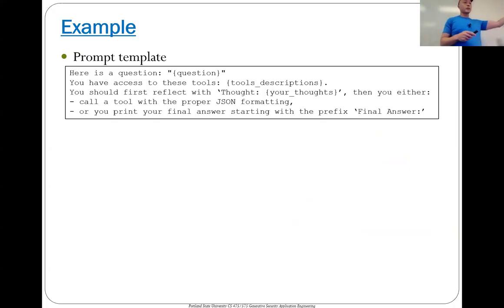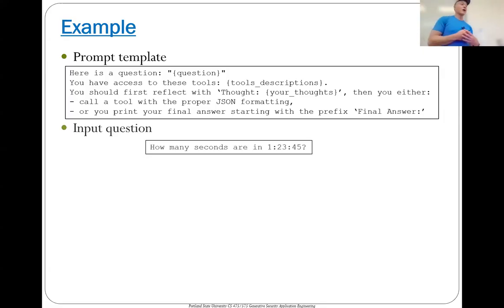You have access to these particular tools, which will be those 3. And then the instruction, the background instruction for the LLM is that you must reflect the next thing that you do with the thought, and then you fill in your thoughts on how to address this user's question. And then after that, you can either call a tool or you can say, I know the answer, and print your final answer. So that's the template.